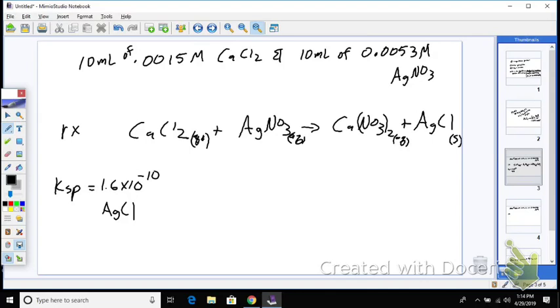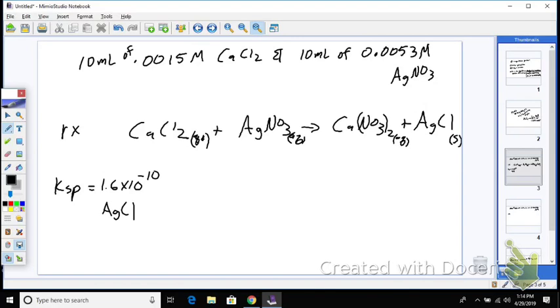Now, when we plug in our molarities, if we come up with a number greater than that, then it's going to be cloudy when we pour these two solutions together. If the Q is smaller than this, then it's going to be clear. So we can see if it's going to be cloudy or clear.